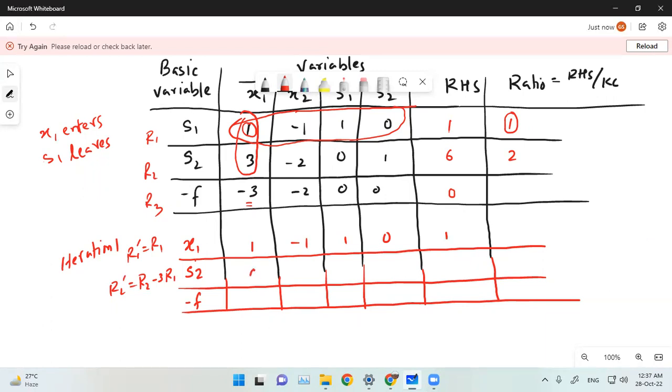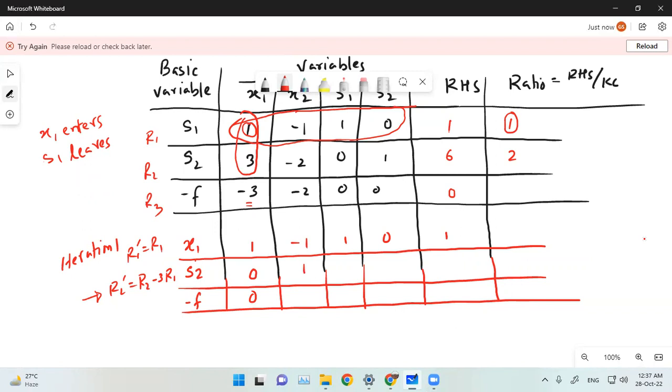We have to make the other entries 0 too, and this is the formula we are using. If you apply that, we get -2 and -3, so subtracting -2 minus -3 gives us 1.